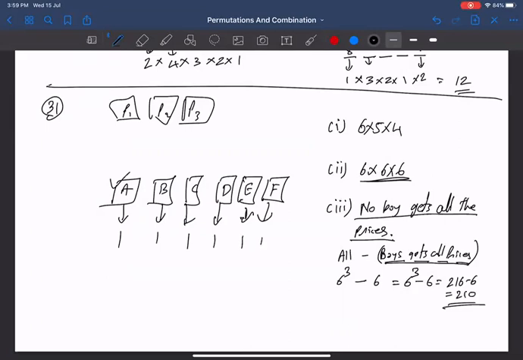So all together, add karenge to there are 6 ways that a particular boy gets all the prizes. So all possibility was 6 cube, right? Minus 6, a particular boy gets all the prizes. So subtract karo, that will be your answer. It is exactly ulta of a particular boy gets all the prizes.